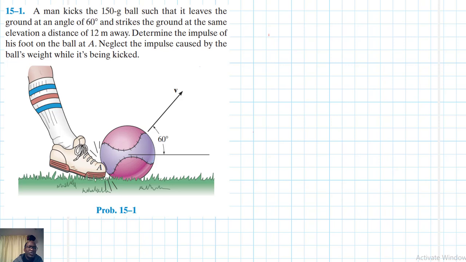This problem is coming from the Engineering Mechanics and Dynamics 13th edition by R.C. Hibbeler. So in chapter 15, we are dealing with linear impulse. Mind you, in the previous chapter, chapter 14, we dealt with the principle of work and energy and the conservation of energy, right?